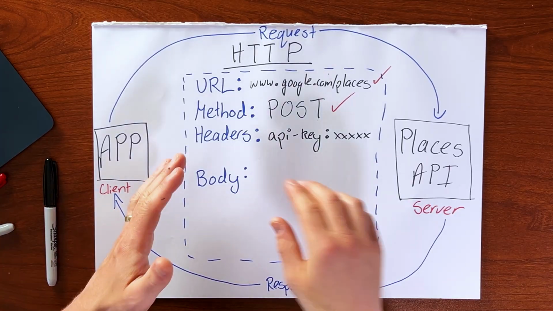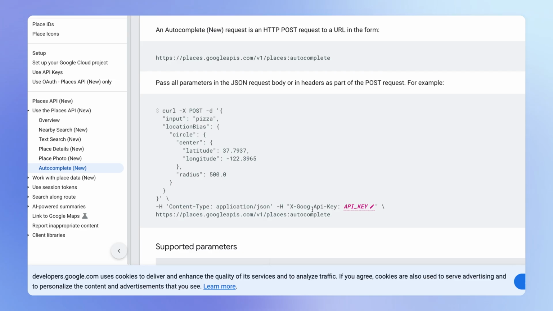Now, at a high level, these headers are just a place where we put metadata related to our request. So one of these bits of metadata is the API key, which is how we're going to prove to the Places API that we are who we say we are. And then the other one here, this content type, we don't really need to understand this fully. We just need to make sure that we're adding it because that's what Google is telling us it needs from us.